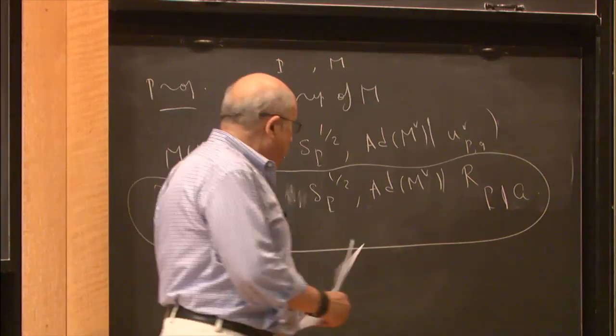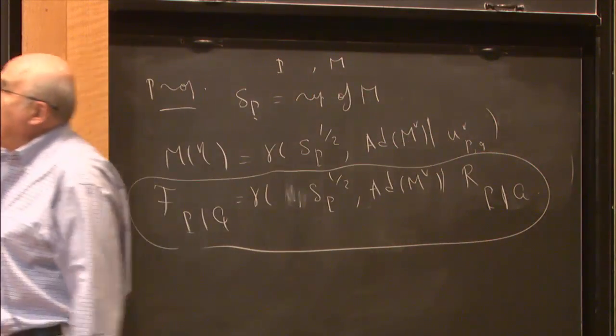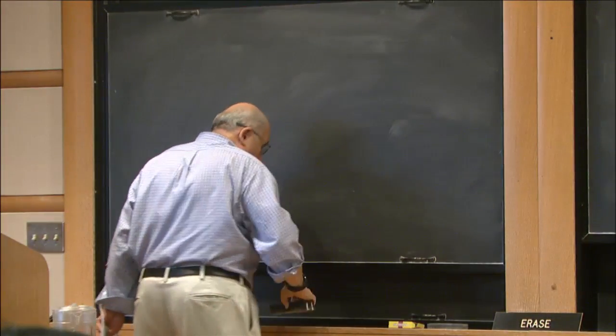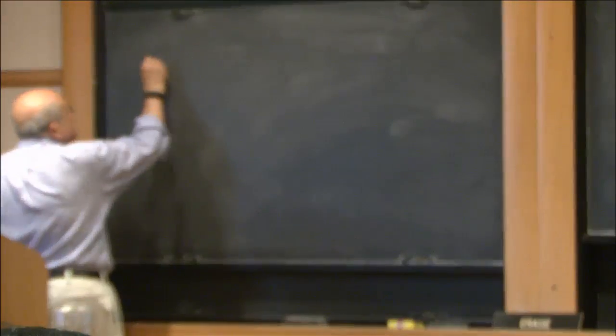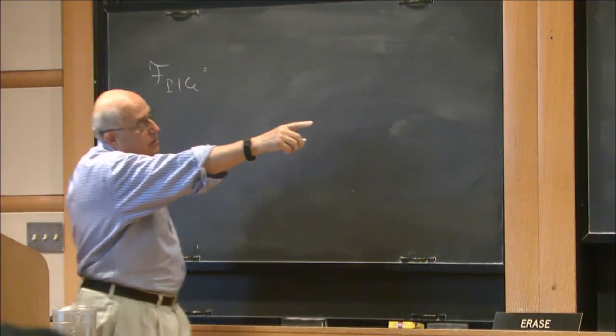Now, what is the Fourier transform? The Fourier transform is just going to be this thing acting on that space. So that Fourier transform, in these cases that Engo was talking about, of PQ is just going to be this.